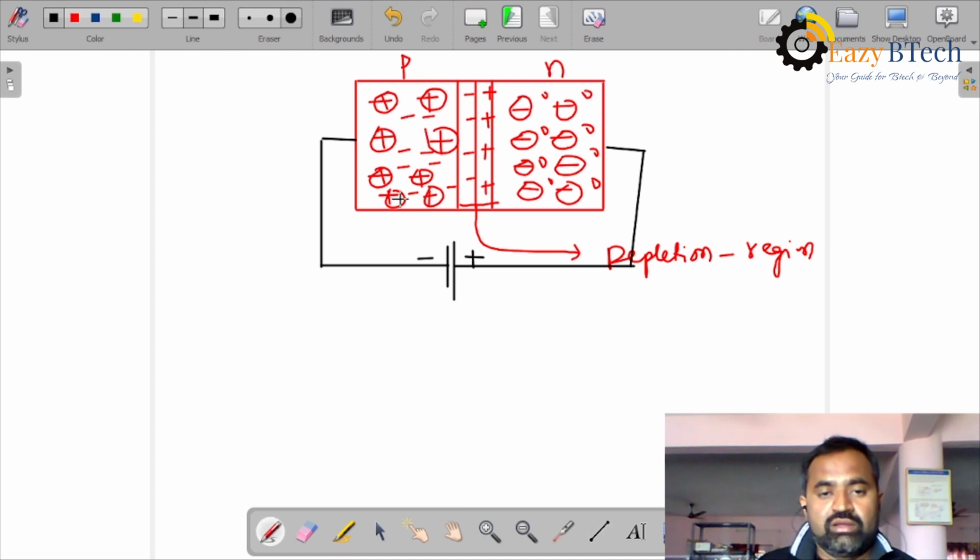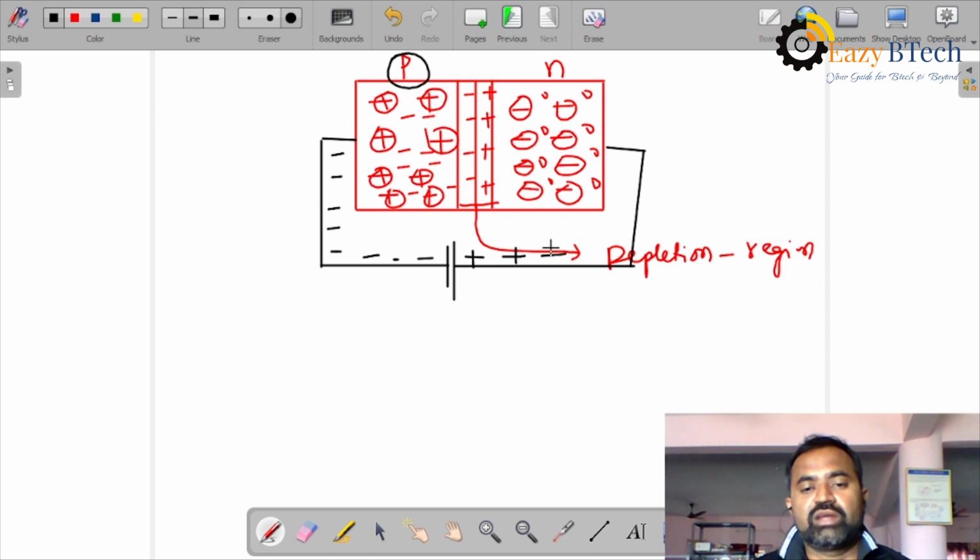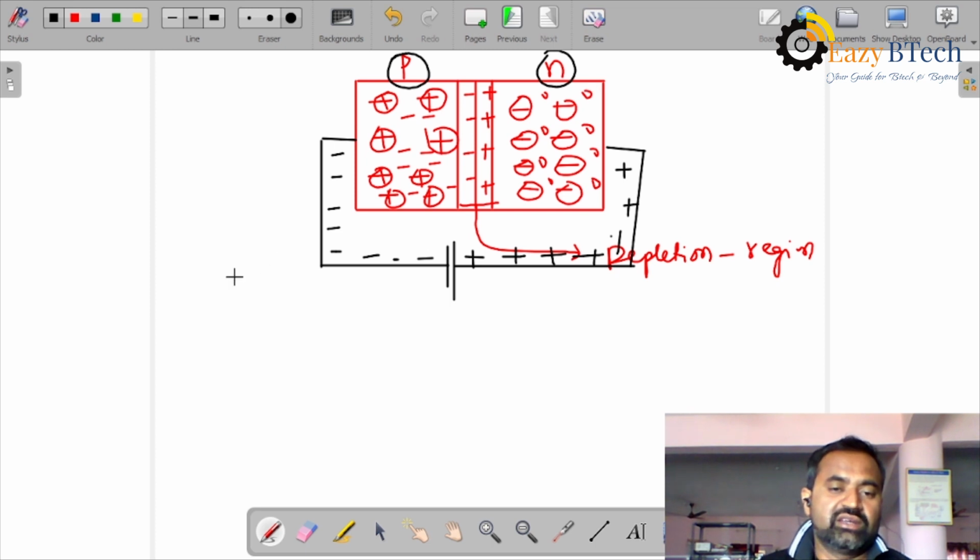Okay. The negative terminal of the battery is connected to the P-type semiconductor, and the positive terminal of the battery is connected to the N-type material. Negative is connected to the P side and positive is connected to the N side. Now what happens?